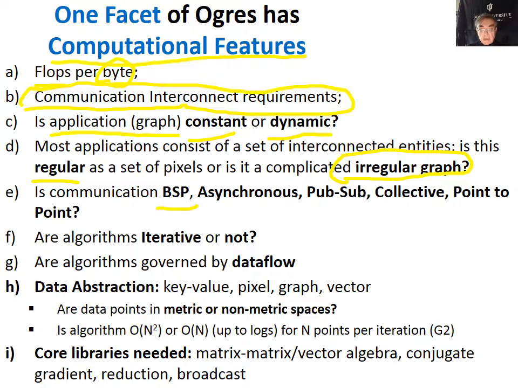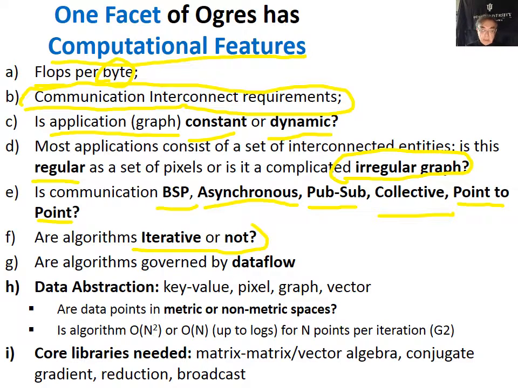And we also had various styles of communication: bulk synchronous processing, asynchronous, which you often get when you do thread-based systems. Pub/sub is very important for streaming problems. Collective means that all the nodes communicate with all the other nodes. The flip of collective is point-to-point, where node A talks to node B specifically, and it labels B as where it wants to go to.